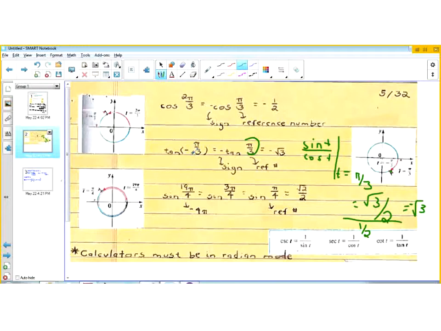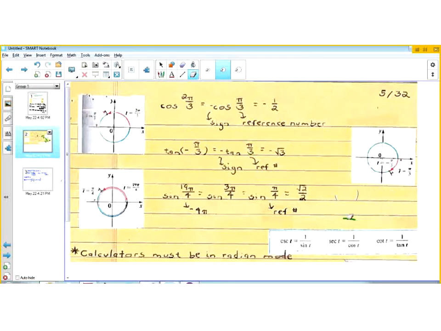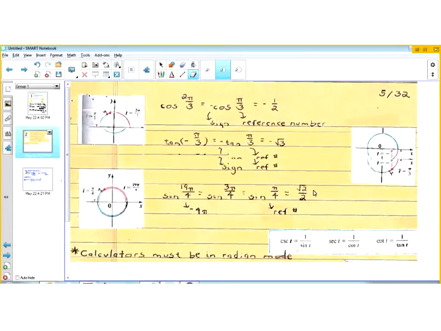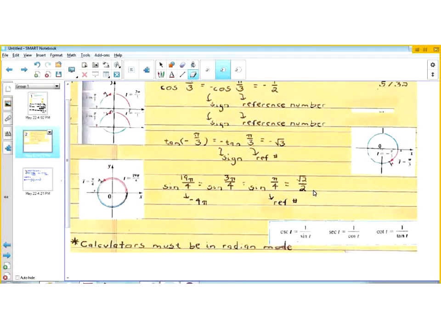You basically convert the argument to the trig function to its reference number, then make the determination of the sign based on the quadrant in which the terminal number is, and then piece together your answer.